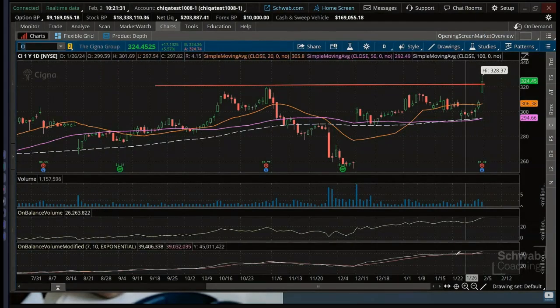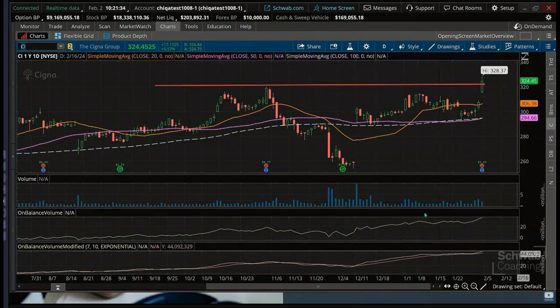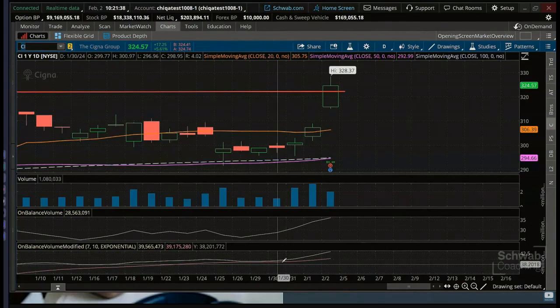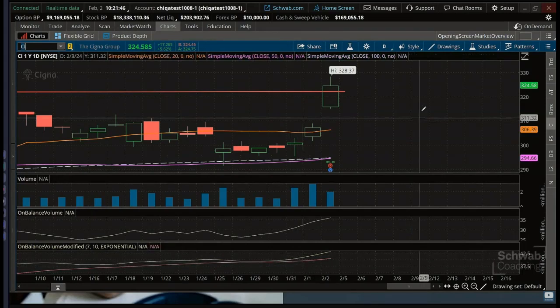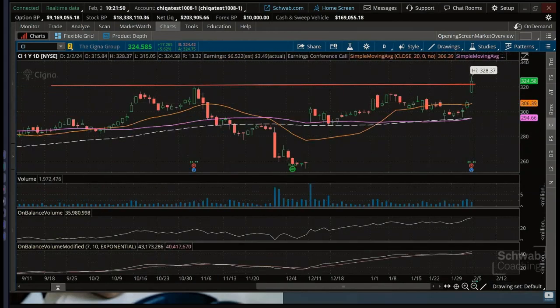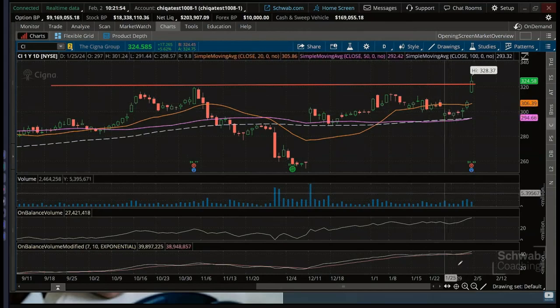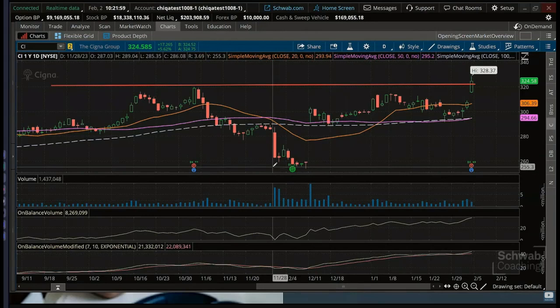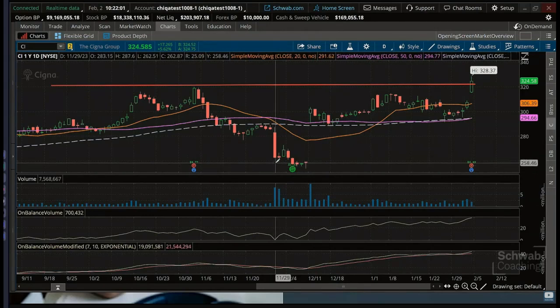And to add a little bit of spice to the sauce, we also have a cross of the modified one as well. Notice how that might have gotten you in a little earlier to the breakout of the range. So what that's telling you is there's a little bit of accumulation down here with this line.